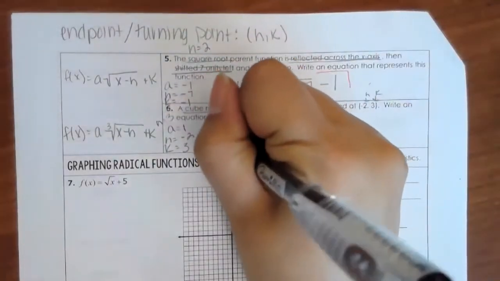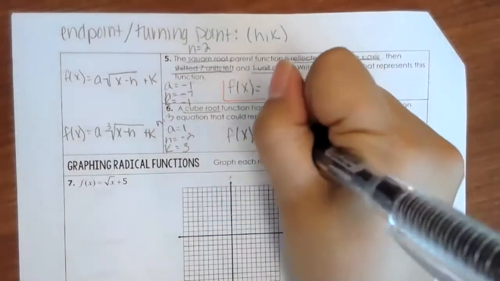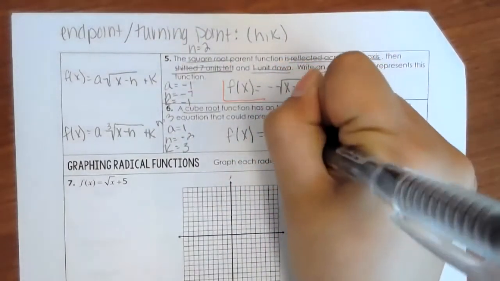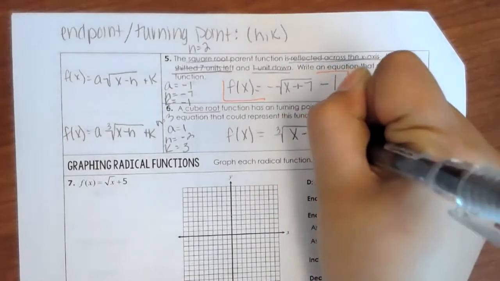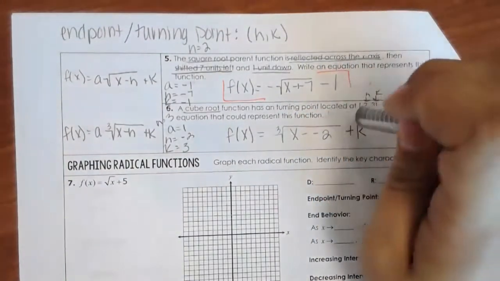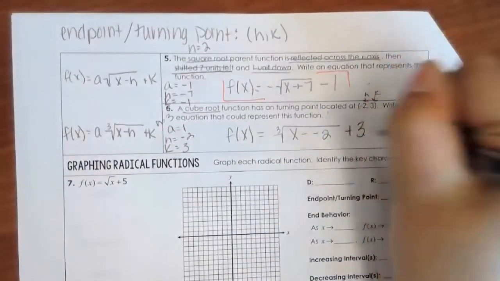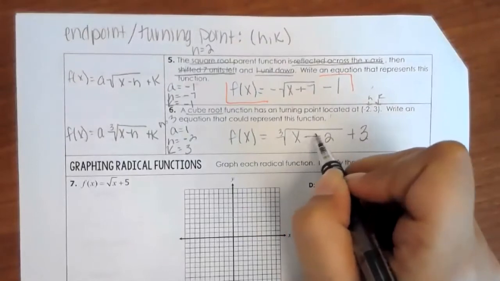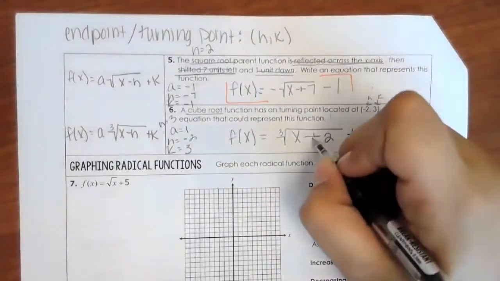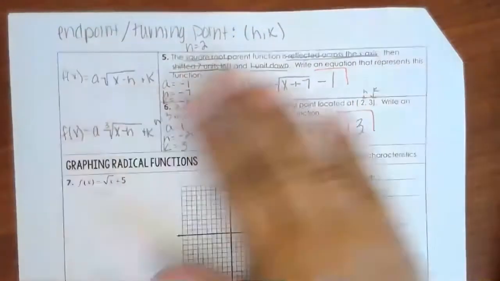So when you plug it into the function, you're going to have f of x equals A is just 1, cube root of x minus H plus K. Whoops, we want the value of K, which is 3. Double negative again turns into a plus. And that would be it.